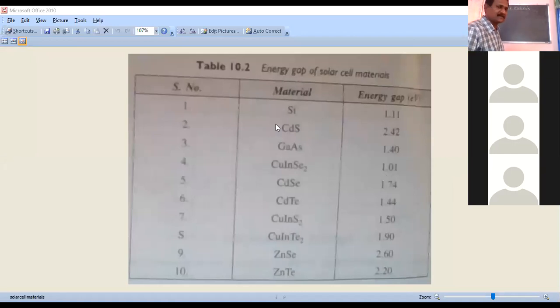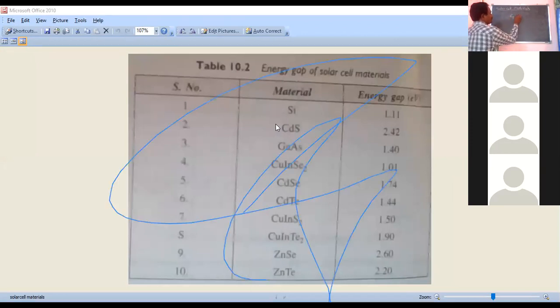Now let me explain what is the requirement for these solar cell materials. One of the major requirements for solar materials is energy gap. The energy gap of the material must be suitable.